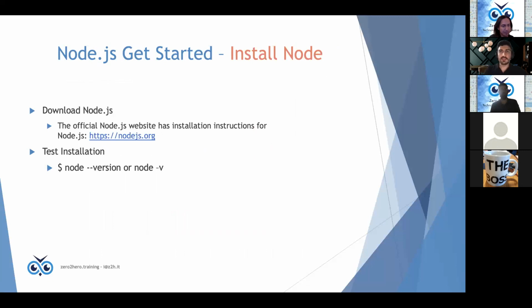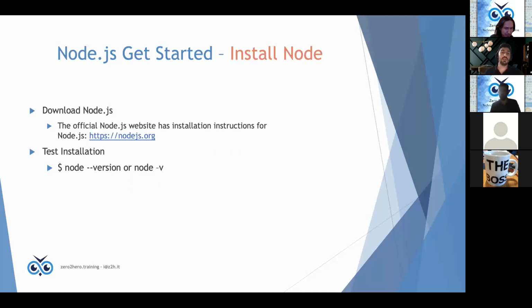So, getting started with Node. We have our computer in front of us. What do we need to start with Node.js? First of all, we need to download the Node.js runtime environment onto our machines.